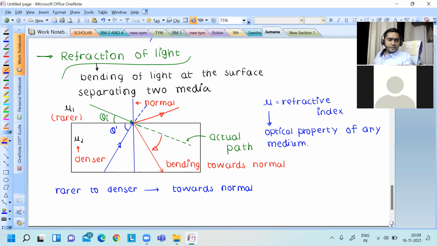So if our light is moving from rarer to denser, then it bends towards the normal, and from denser to rarer, it goes away from the normal.